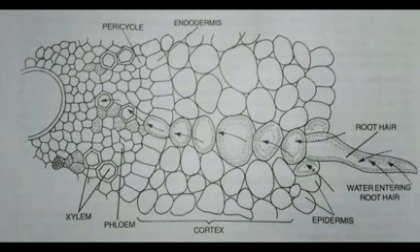As a result of this, cells of the root hair become turgid as compared to the adjoining cells of the cortex. That is, root hair cells now have less osmotic pressure as compared to cortex cells, which results in passing of water to adjoining cells one after another in a chain through the cortex of the root to finally enter the xylem vessel.